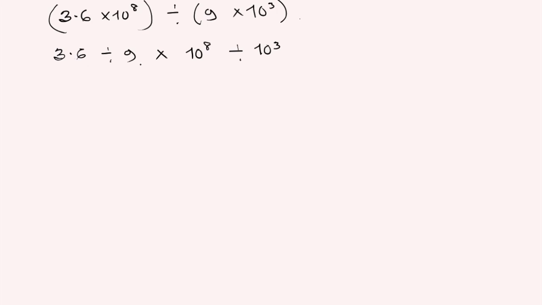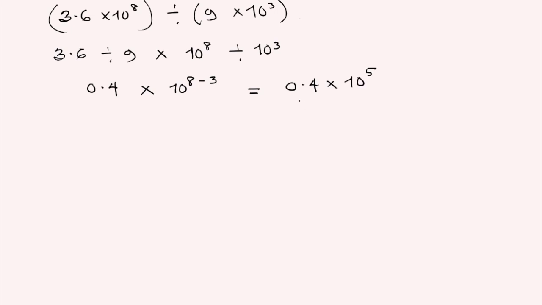Now 3.6 divided by 9 is equal to 0.4, and 10 raised to power 8 divided by 10 raised to power 3 is 10 raised to power 8 minus 3, which is equal to 0.4 times 10 raised to power 5.